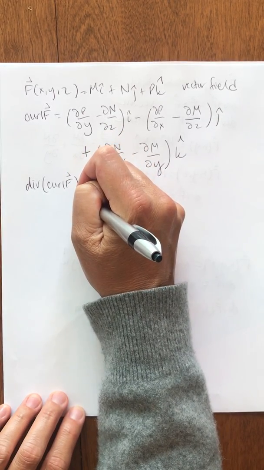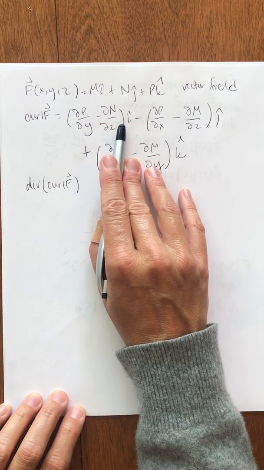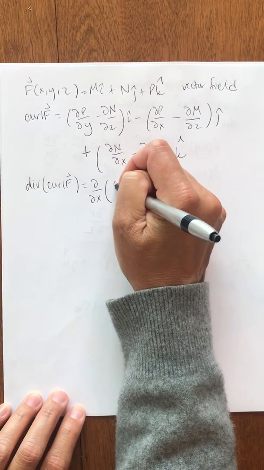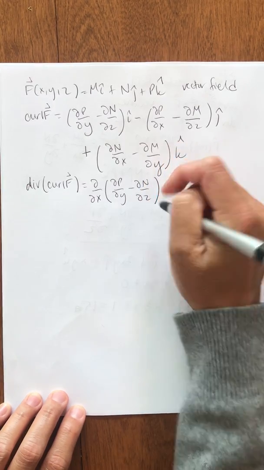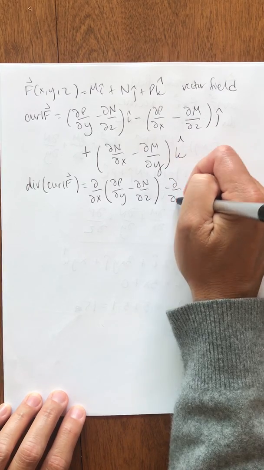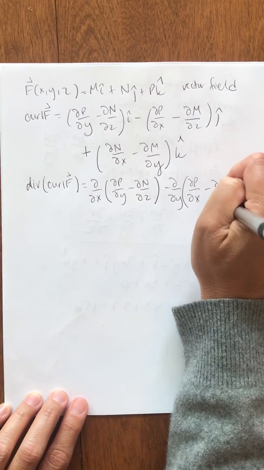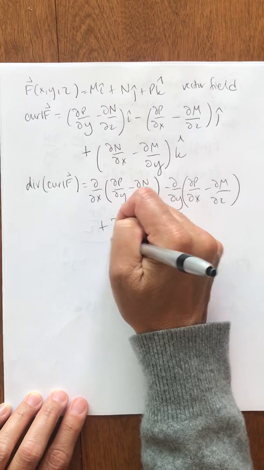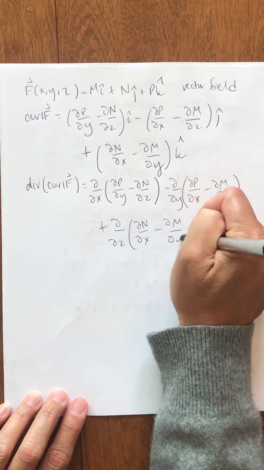So now, what if I want to find div of curl F? I take my i hat component and take the derivative with respect to x: the derivative with respect to x of the partial of p with respect to y minus the partial of n with respect to z. Then I take the derivative with respect to y of the partial with respect to x of p minus the partial with respect to z of m. Then the derivative with respect to z of the partial of n with respect to x minus the partial of m with respect to y.